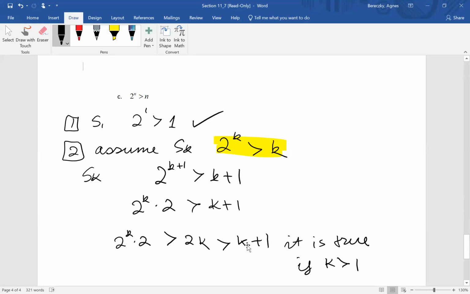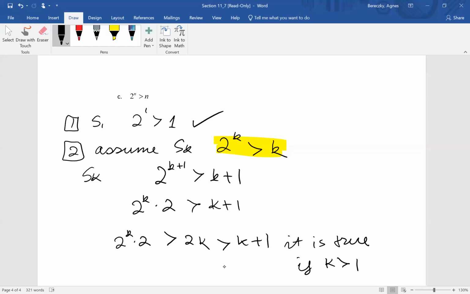So let's see, for example, k is 2. Let's say k is 2. 2 to the second power is greater than 2 times 2, for example 4, and 2 plus 1 is just a 3.